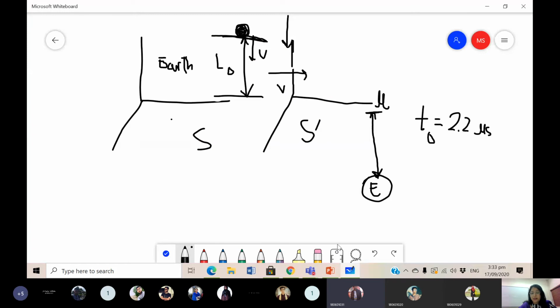Time dilation. So what I'm saying here is that the distance d they can travel from the point they're created till their average lifetime is 0.66 kilometers. Why? Because I multiplied the time interval, the average lifetime, by its velocity.